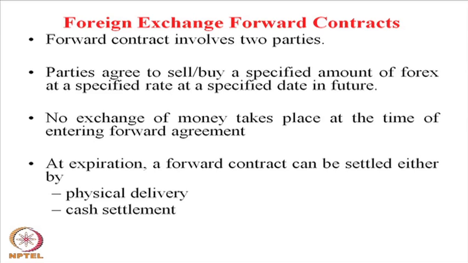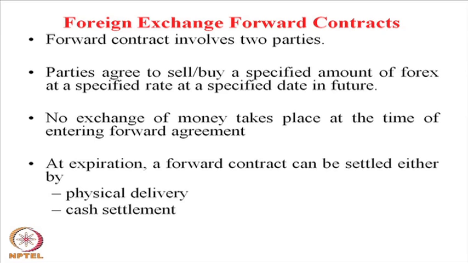First, the amount of foreign currency; second, the date when the foreign currency will arrive; and third, the rate at which the foreign currency will be converted into Indian rupees. There is no money exchange during the contract period, only some kind of transaction fee the party will pay to the authorized dealer.